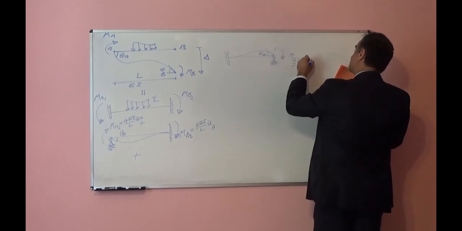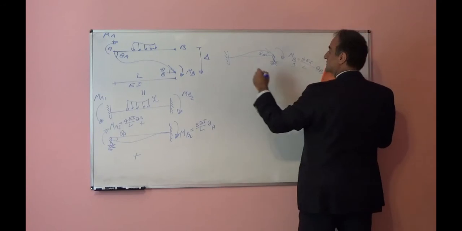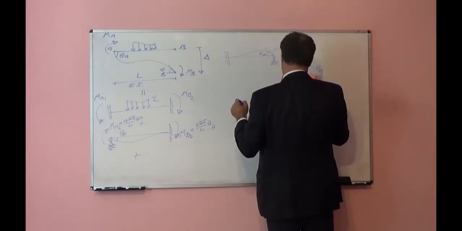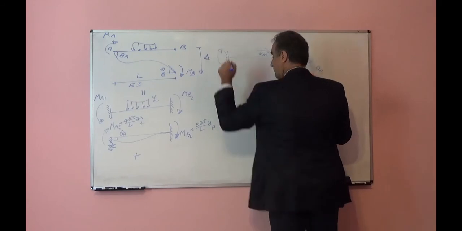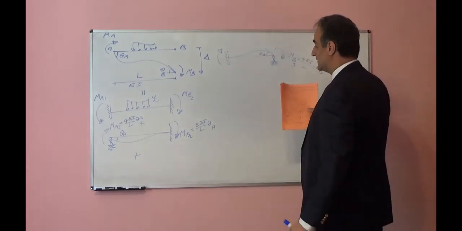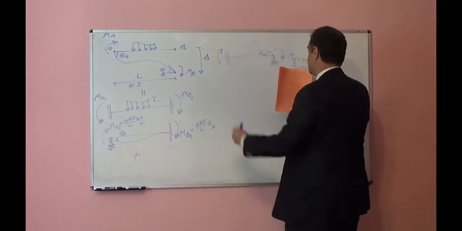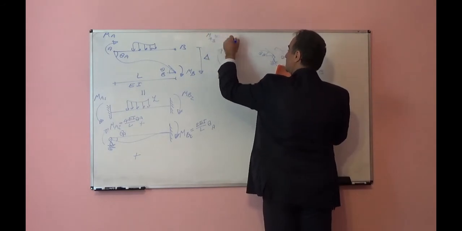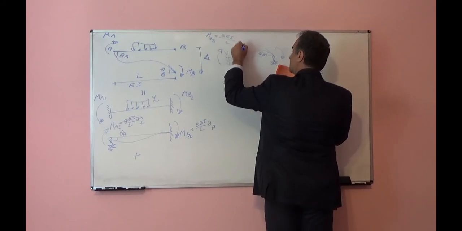Again, MB3 will be 4EI over L theta B. So if we apply this moment here, it will be half of that. That will be MA3. That will be 2EI over L theta B.